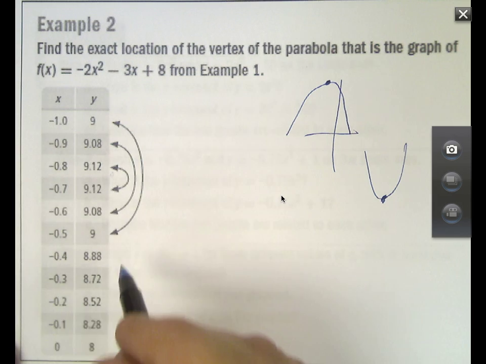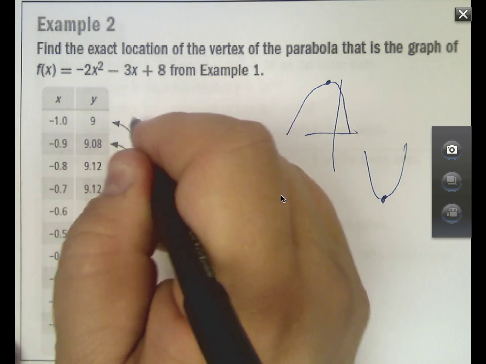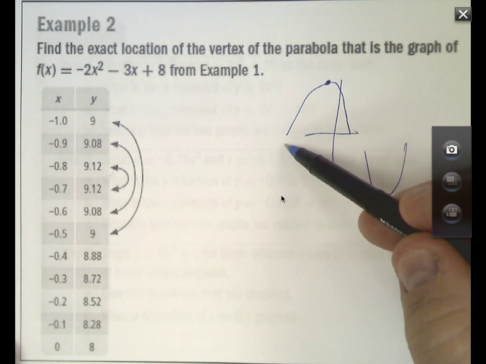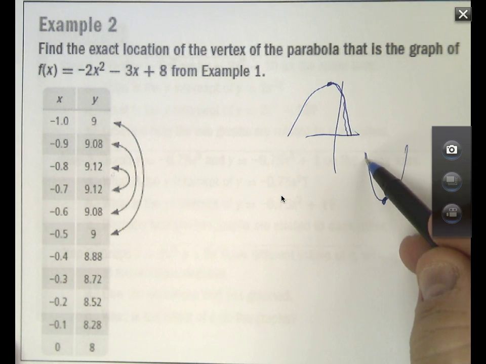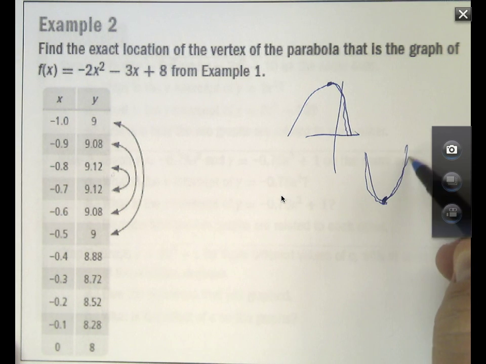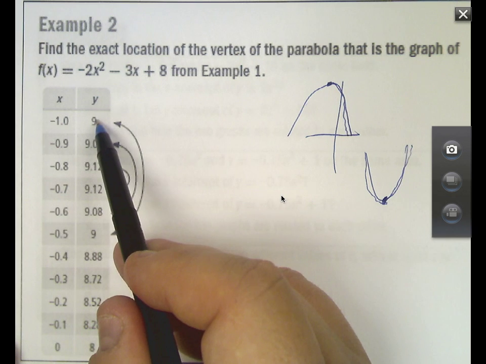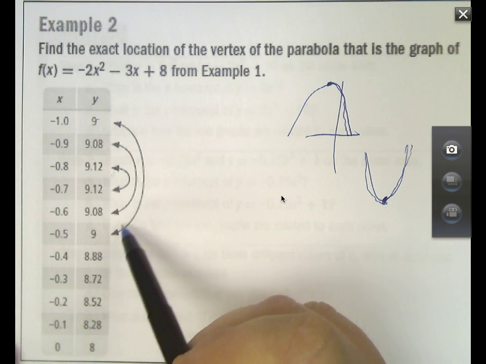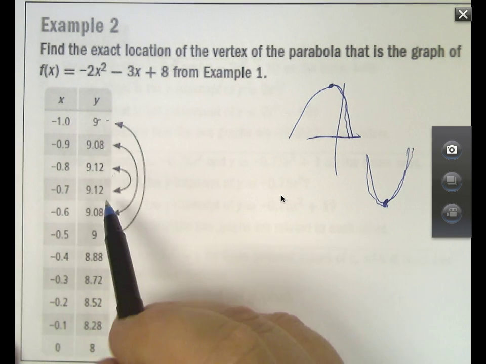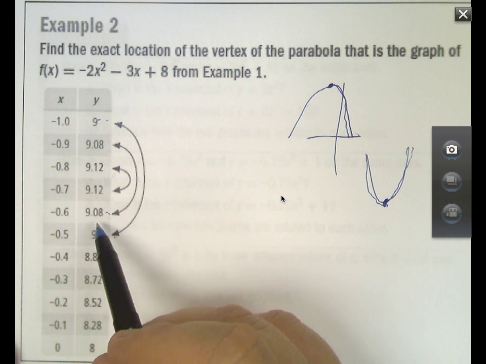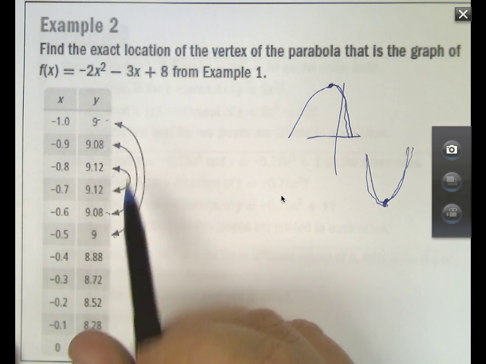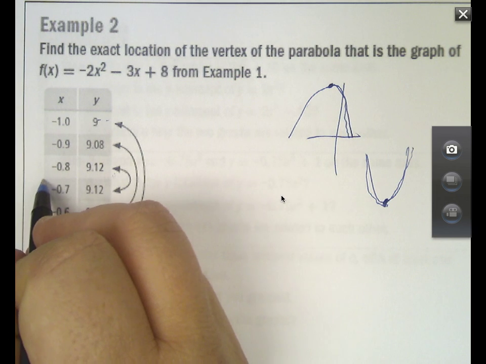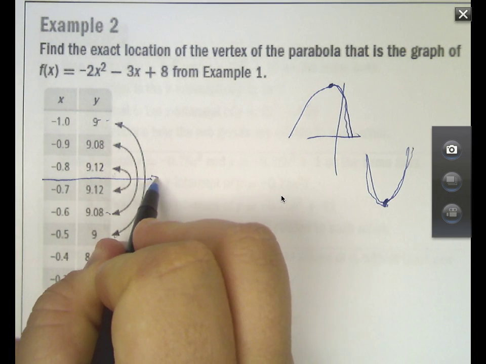It's at the furthest top of the hill or the bottom part of the hill. If you're looking at a table, how do you know if you have a vertex? Well, if you look here, they start repeating themselves. Because remember, as it goes up, it has to come back down, or as it comes down, it has to come back up. So if you look here, the 9s are the same, the 9.08s are the same, and the 9.12s are the same.